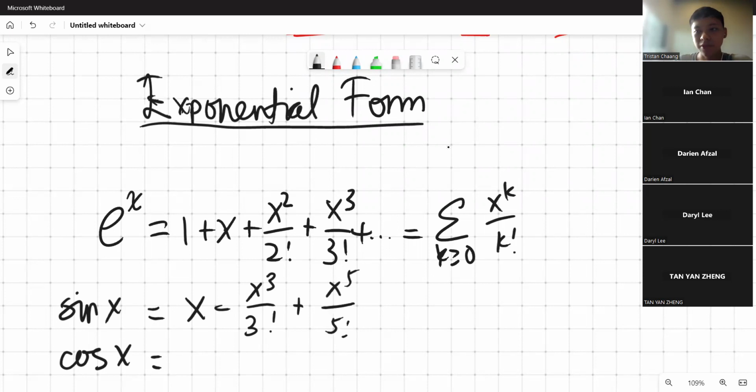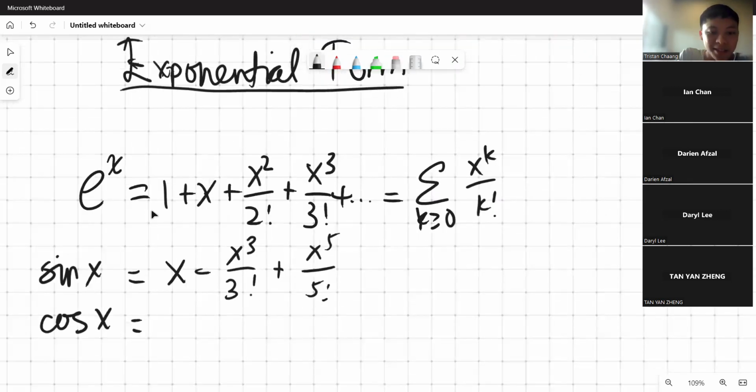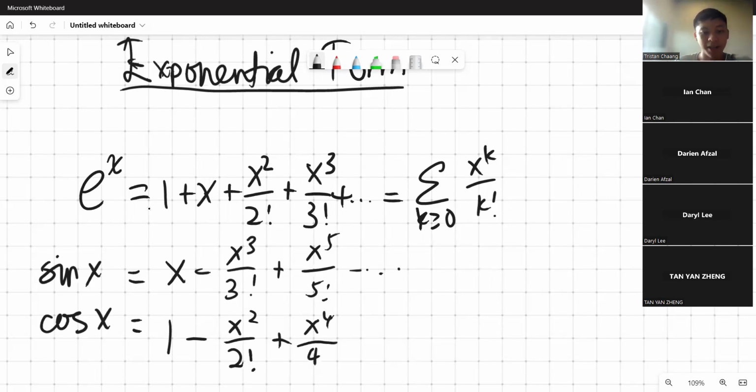So later you will prove something else, and I allow you to use these identities. So that's the sine function. The cos function is 1 minus x squared over 2 factorial plus x to the 4 over 4 factorial minus blah.